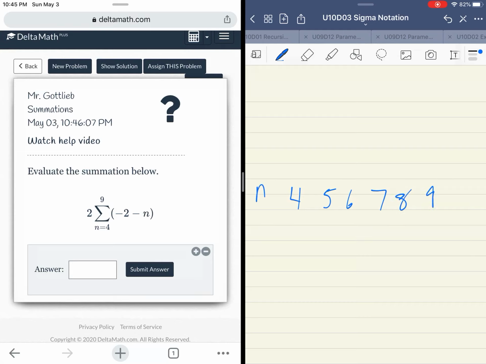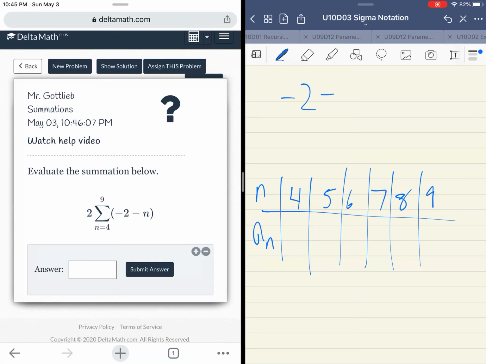So that would be my term number. And the rule, I'm going to call it a of n. So for 4, I'm just going to write 4 into the formula. So I'm going to do -2 minus 4. So that's going to be -6. So as I increase this to 5, that's going to become -7.